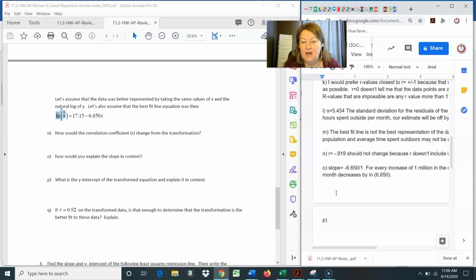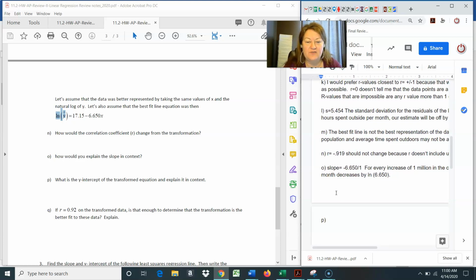What is the y-intercept of the transformed equation? Explain it in context. If x equals 0, then we would have ln of y hat equals 17.17 minus 6.650 times 0, which would be ln of y hat equals 17.15. Now explain this in context.